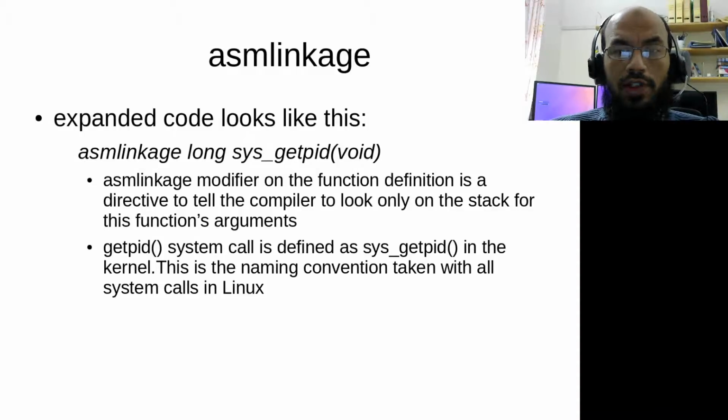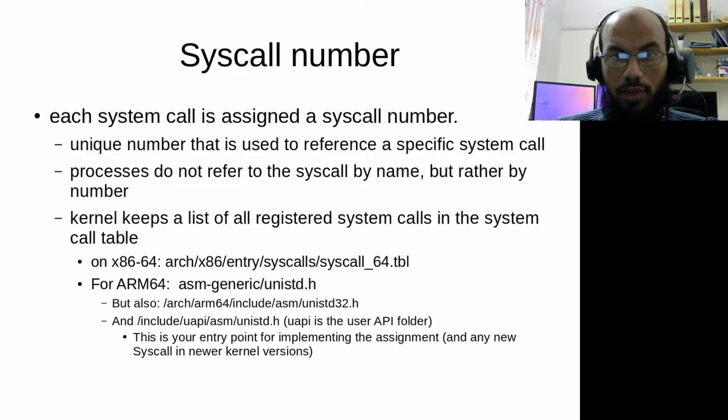I will accept these as valid results for the assignment. But if you're able to add on stuff, then, as we agreed, you get more credit by doing more. Anyway, the getpid system call is defined as sys_getpid in the kernel, and this is the convention for naming it.